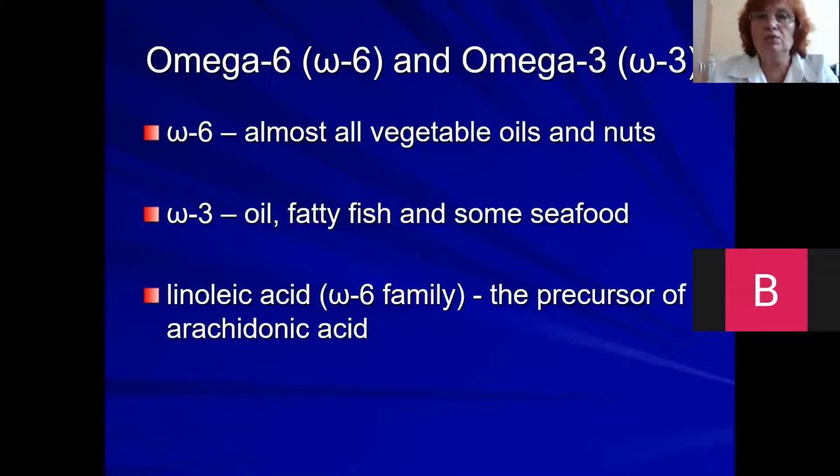Omega-6 is in almost all vegetable oils and nuts. Omega-3 is in fish oil, fatty fish, and some seafood. Linoleic acid, in the omega-6 family, is the precursor of arachidonic acid.